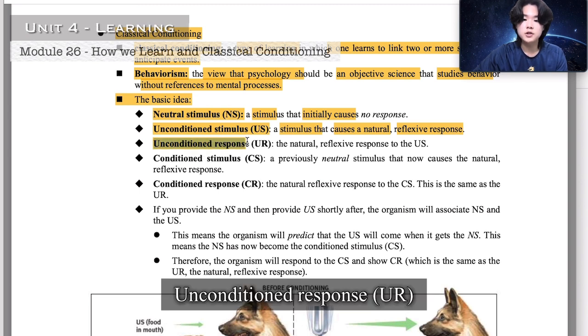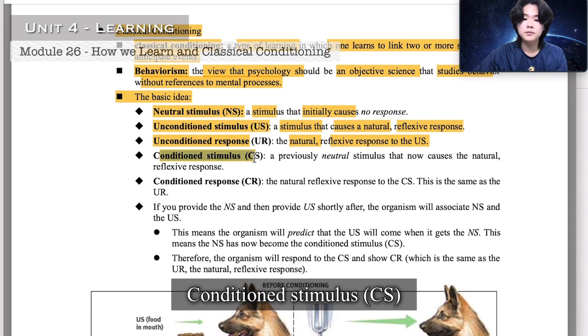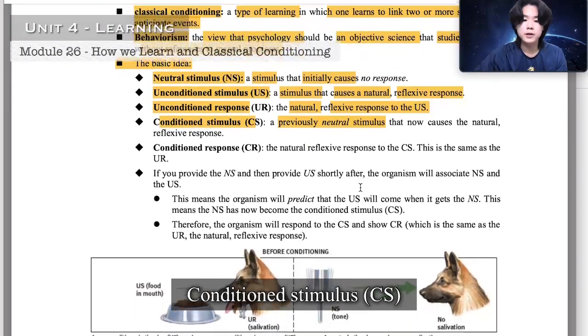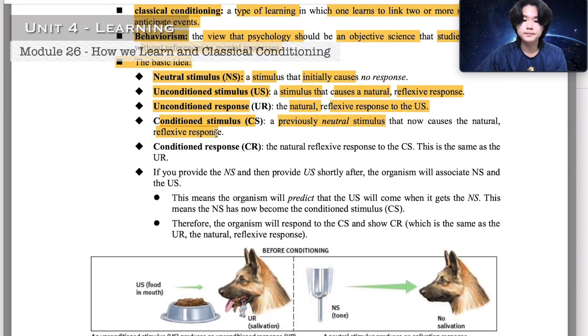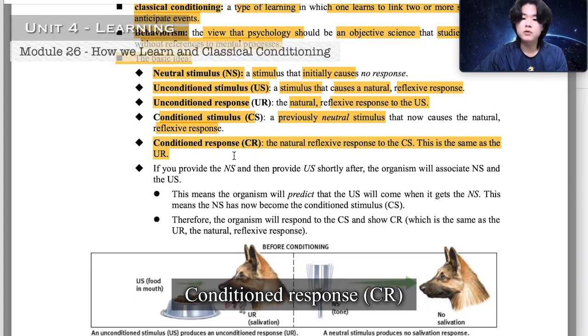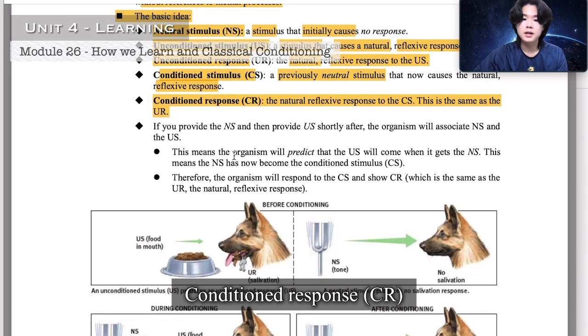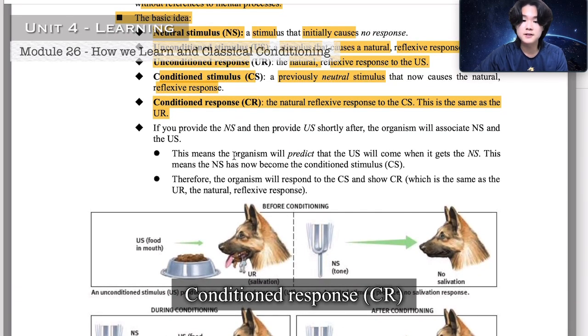An unconditioned response is the natural and reflexive response to the unconditioned stimulus. A conditioned stimulus is a previously neutral stimulus that now causes the natural and reflexive response. The conditioned response is the natural reflexive response to the conditioned stimulus. This is the same as the unconditioned response.